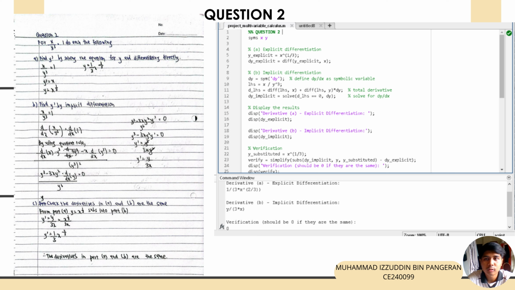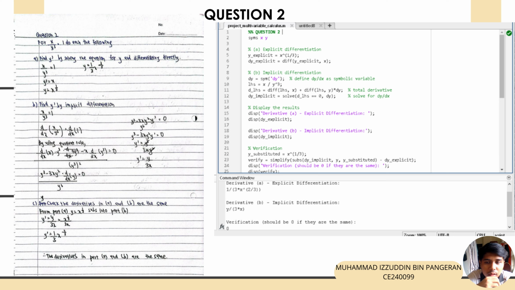Next we move to question 2, which gives us the equation x divided by y cubed equals 1. I started by solving for y explicitly, then I differentiate it using the power rule. For the implicit method, I differentiate the original equation directly using the quotient rule and chain rule.